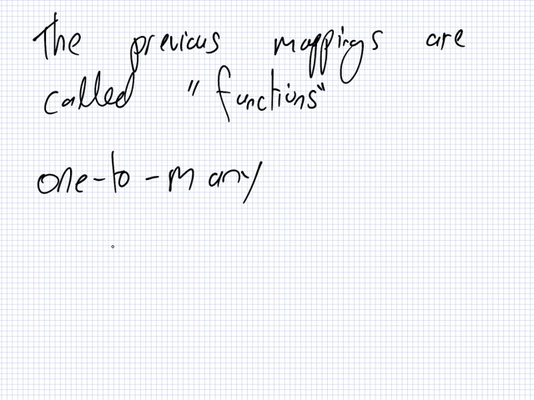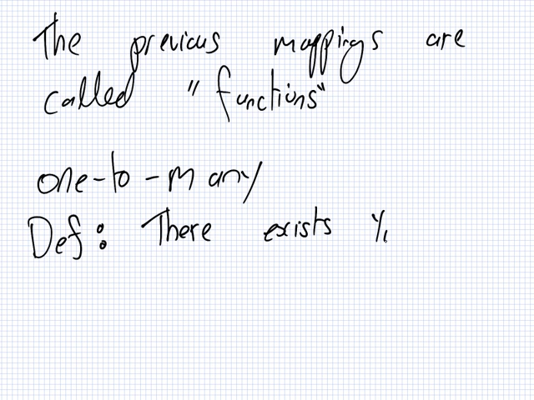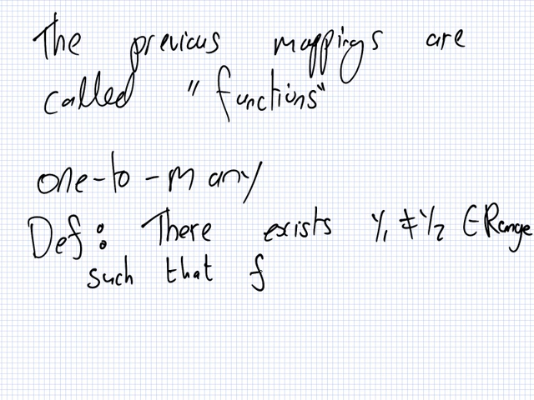So the definition is, there exists a y1 not equal to y2 in the range such that f of x equals y1 and f of x equals y2.